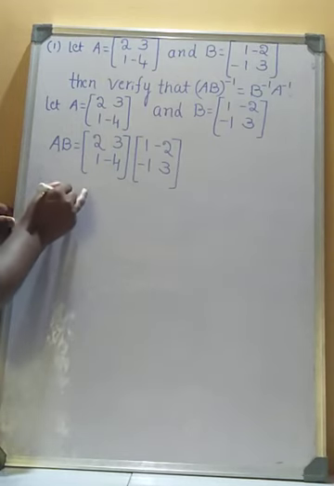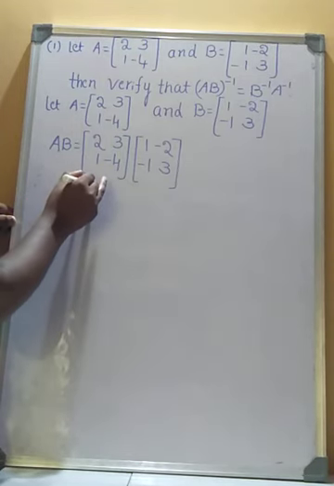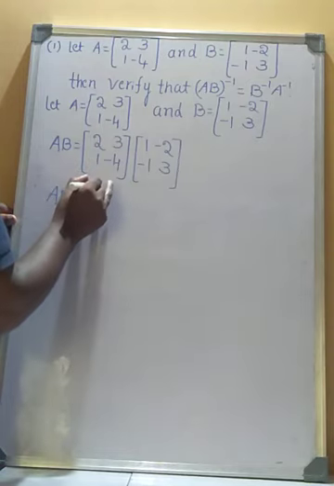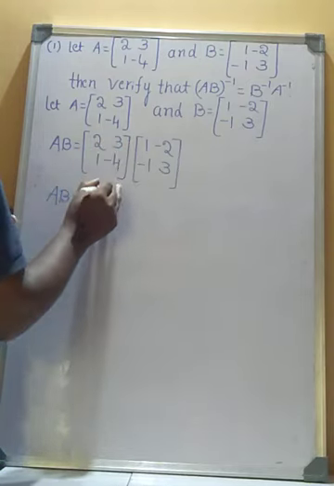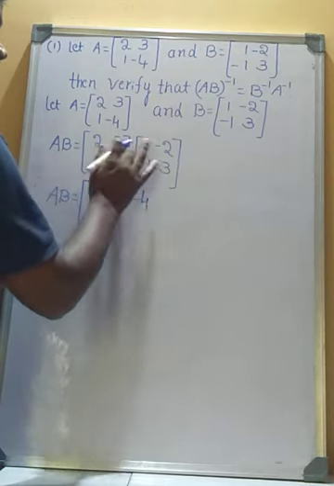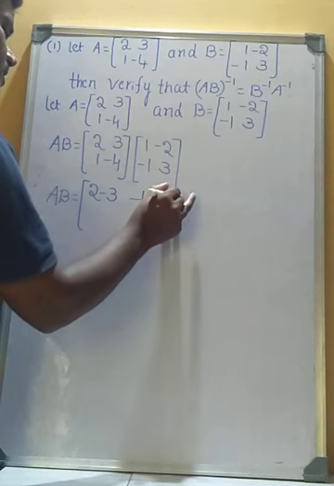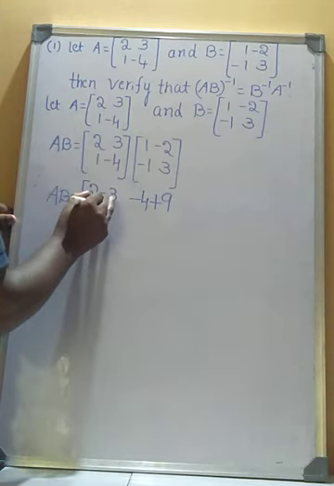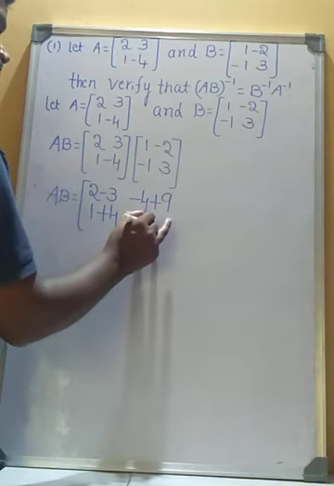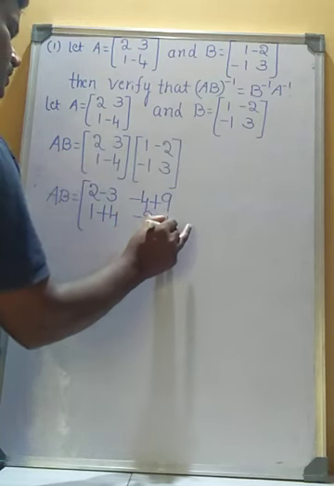Therefore AB is equal to [2 ones are 2, minus 3; minus 4 plus 9, 1 plus 4; minus 2 minus 12].